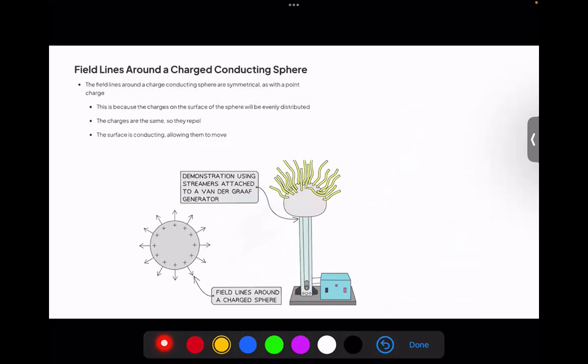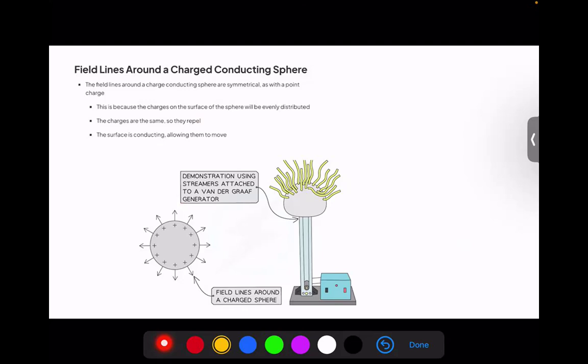Next. In your ATP or theory question, they might ask you to make a rough diagram as well. When they ask you to show charge around a conducting sphere, this is exactly what you will have to write and explain in your exam.